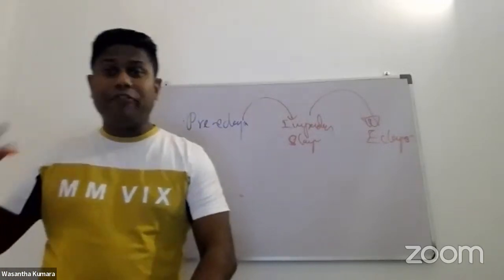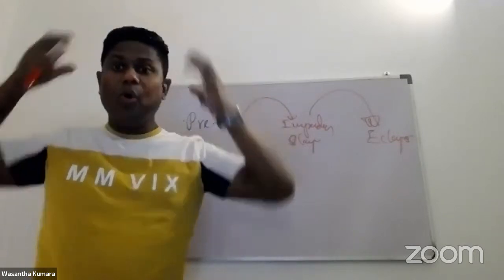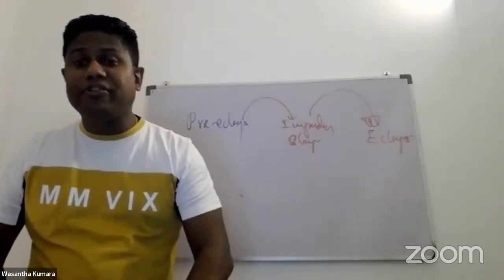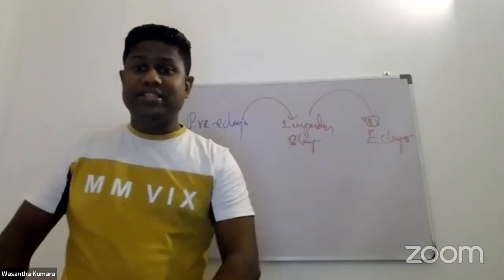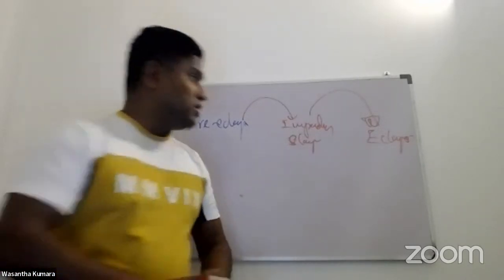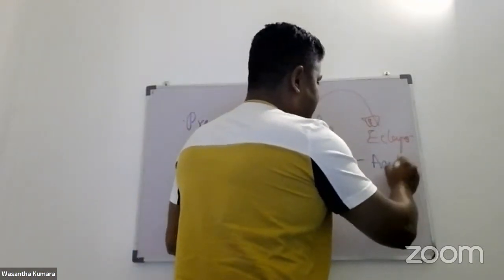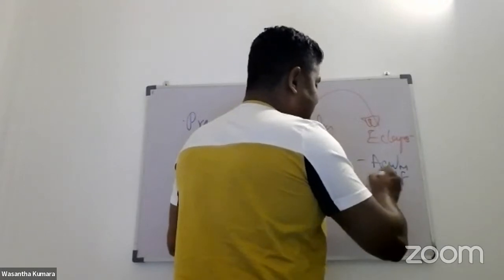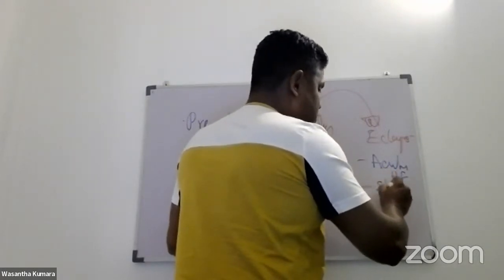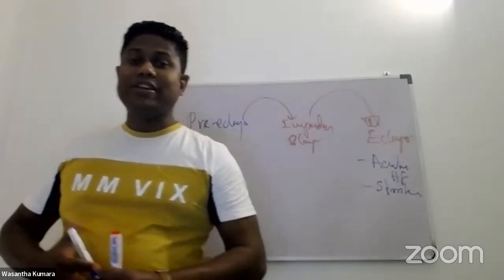One of the complications of eclampsia is they can develop intracranial hemorrhages, or they can go into acute heart failure. Those are the two reasons why eclamptic patients die. So this is an MCQ. The commonest reason is acute heart failure.